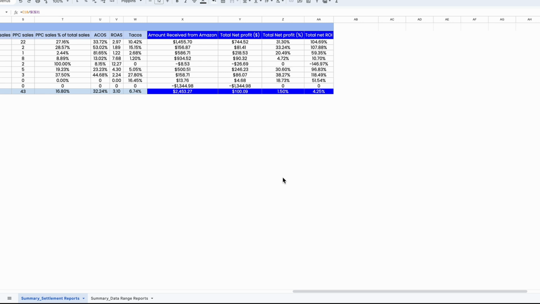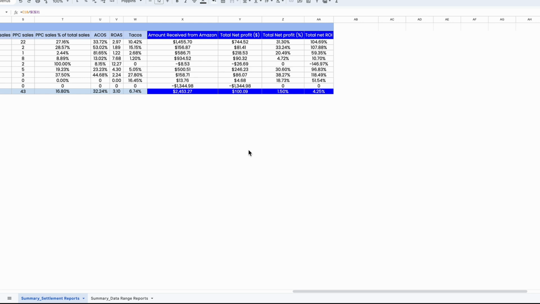All the software tools on the market are providing you inputs basis your data range reports, but there is a gap. As per data range reports, your numbers could fluctuate a little. But when you look at your settlement reports, you will know exactly how much has been paid to your bank. And that is what matters when you're selling online, correct?